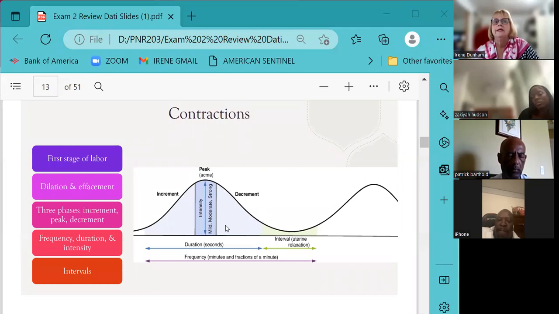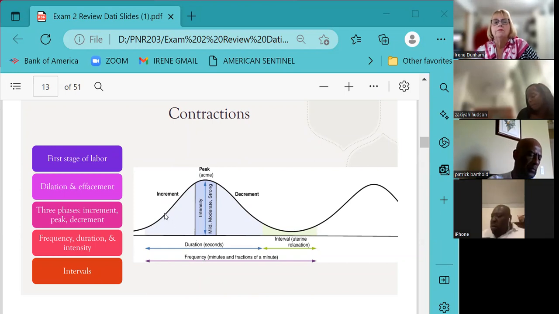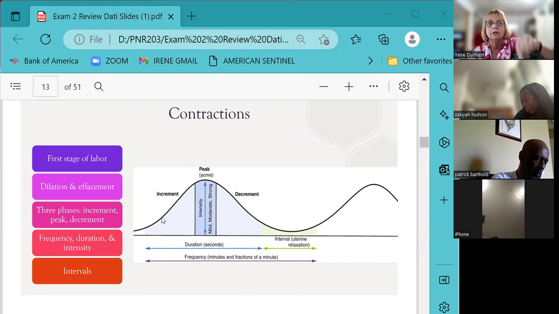Heads up, write duration down. It starts at the beginning of one contraction, and the duration goes all the way to the end of that one contraction.